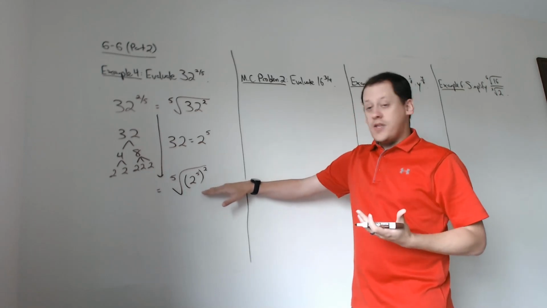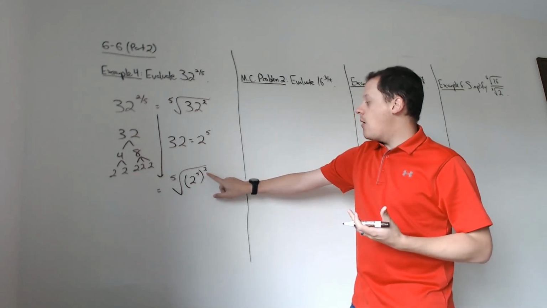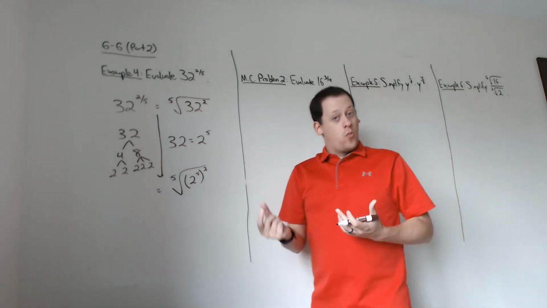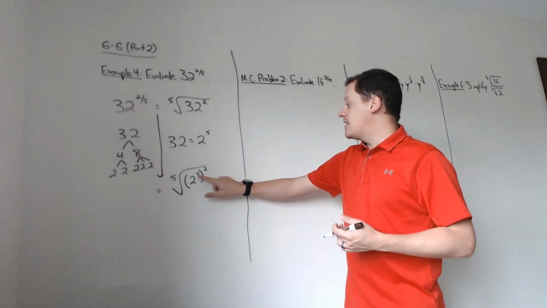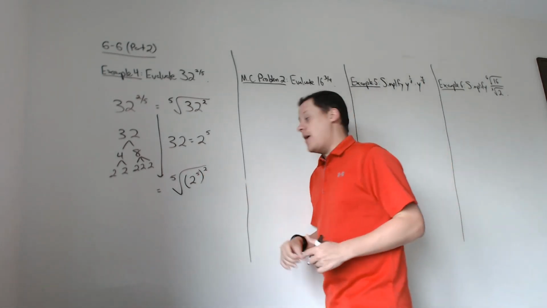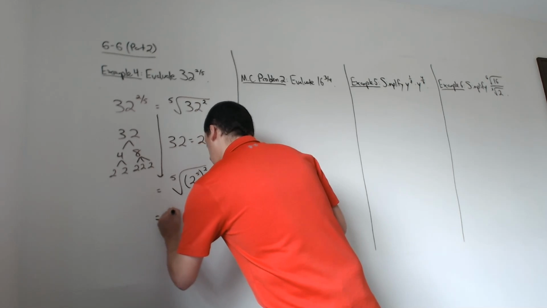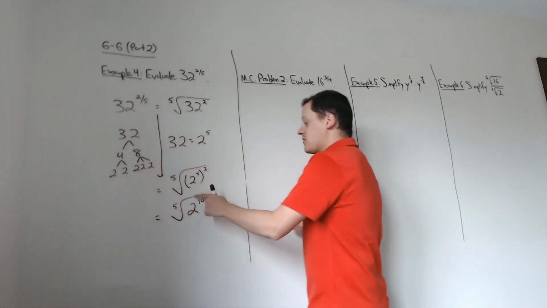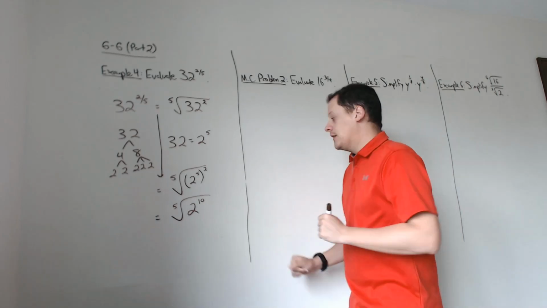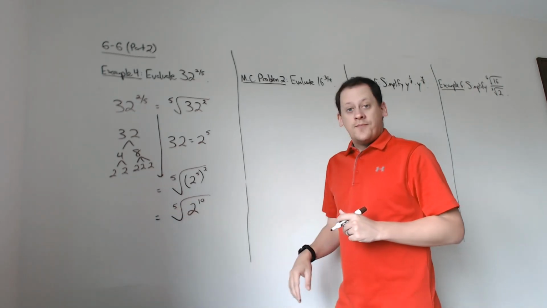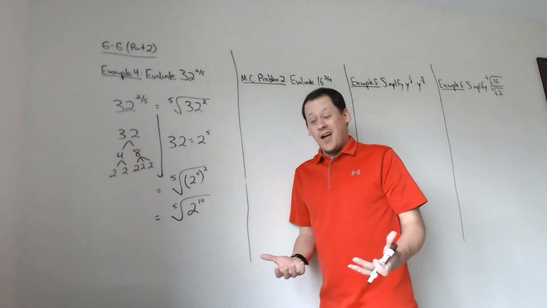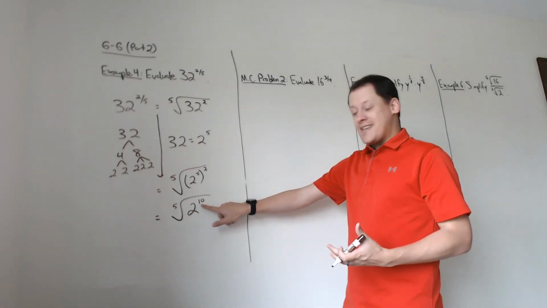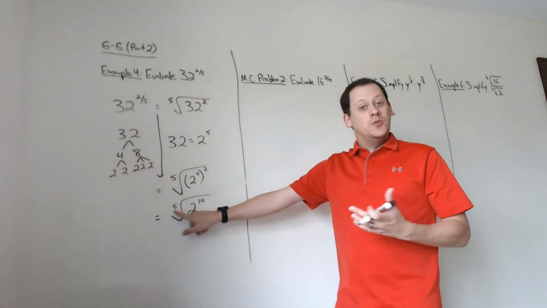So what we can do here, if we've got a power raised to another power, we're going to multiply those together. So we're going to take 5 times 2, and that makes 10. So this is really 2 to the 10th power, and we're taking the 5th root. So this is where we can do that shortcut. We can now take this exponent and divide it by the root.